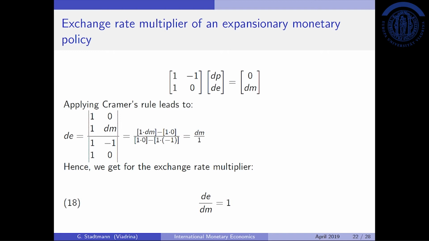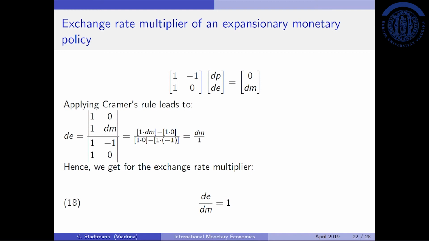The 0 and the dm are located now in the second column of the coefficient matrix, and we apply Cramer's rule, and Cramer's rule tells you compute the determinant of the changed coefficient matrix and divide it by the determinant of the unchanged coefficient matrix. So 1 times dm minus 1 times 0 in the numerator of this fraction, and 1 times 0 minus 1 times -1 in the denominator of this fraction.